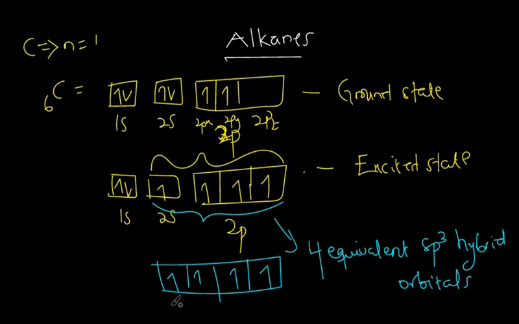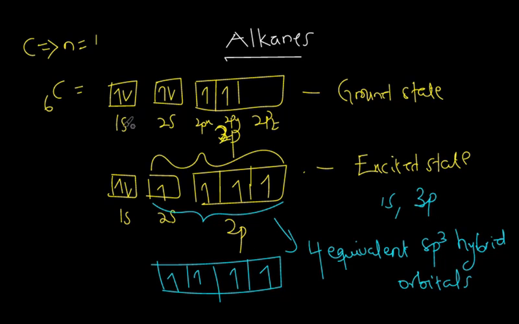So this is our 4 equivalent sp3 hybrid orbitals. The fact that there is a 3 here doesn't mean it's supposed to be 3 orbitals. This simply means that sp3 has 1 s orbital and 3 p orbitals. Precisely, we have a 2s orbital and 3 of the 2p orbitals.